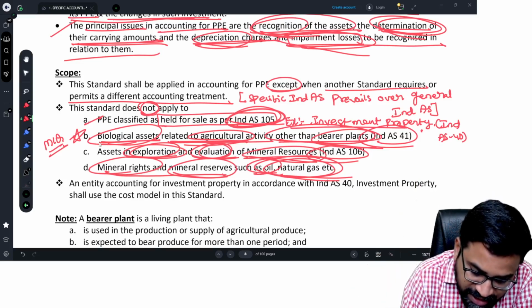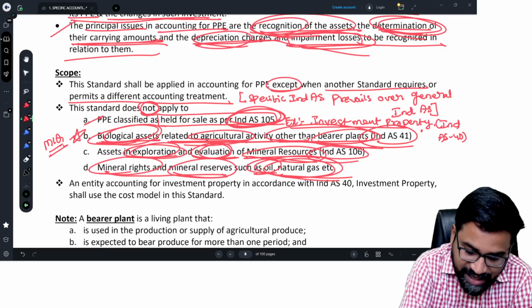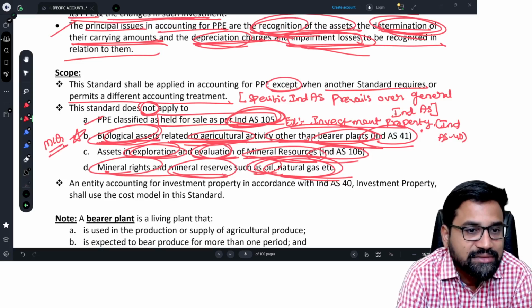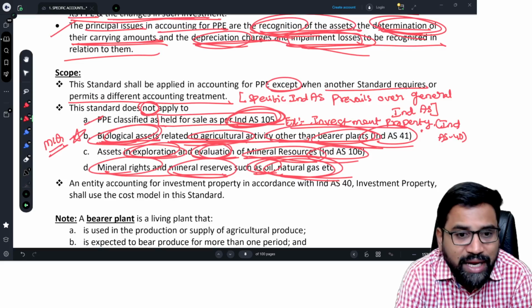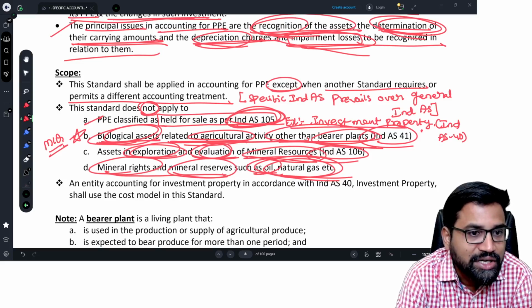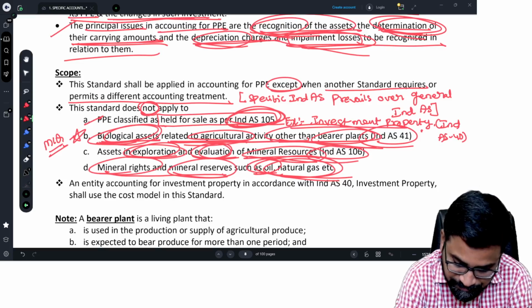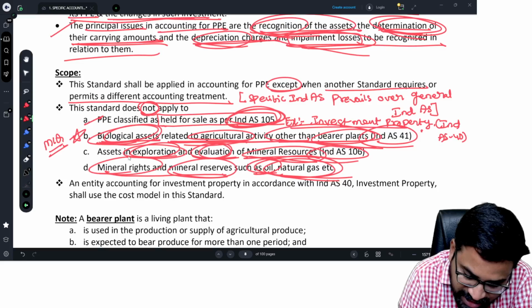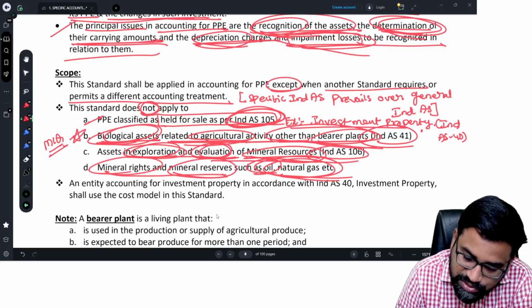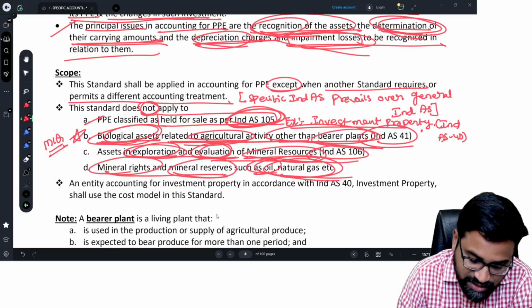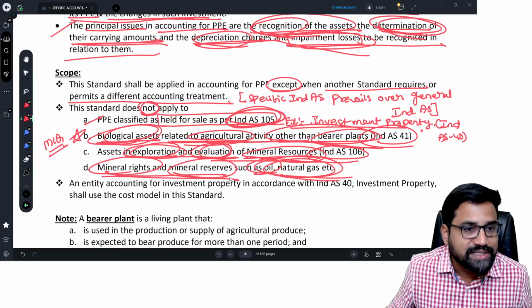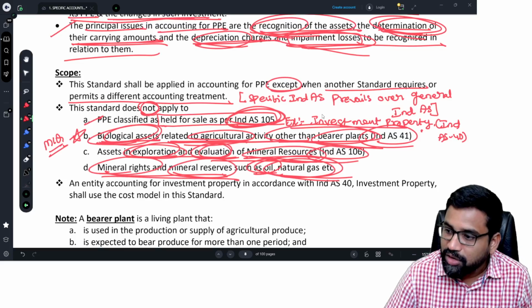Second, any biological assets relating to agriculture activity, other than bearer plants, follow that standard. Third, any assets in exploration and evaluation of mineral resources have a separate standard, IND AS 106. And mineral rights and mineral reserves are also not covered under this standard.